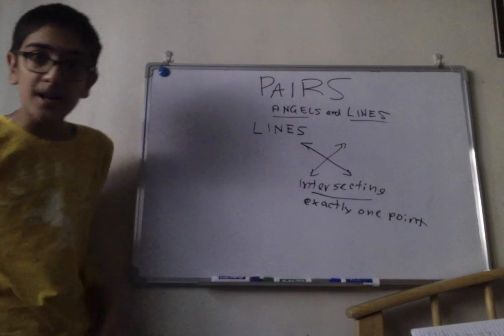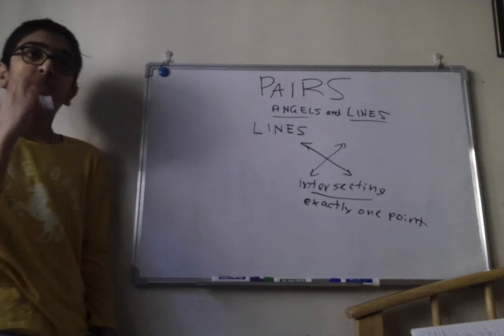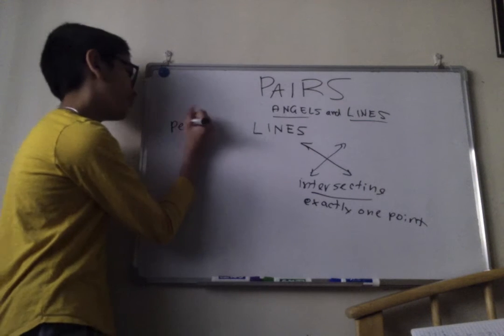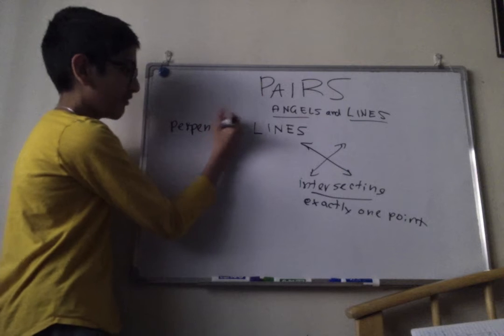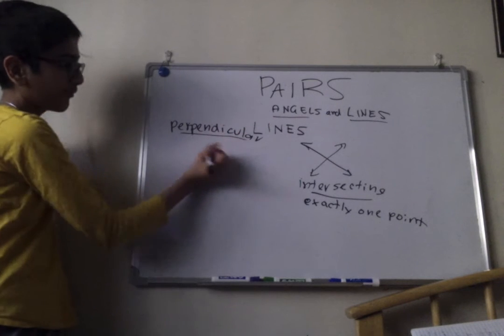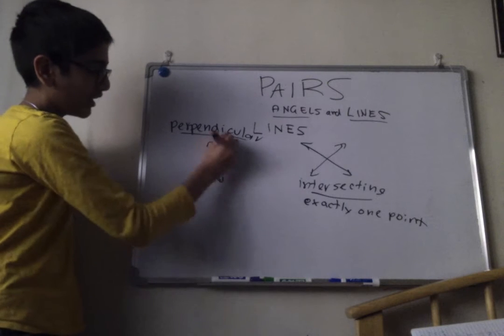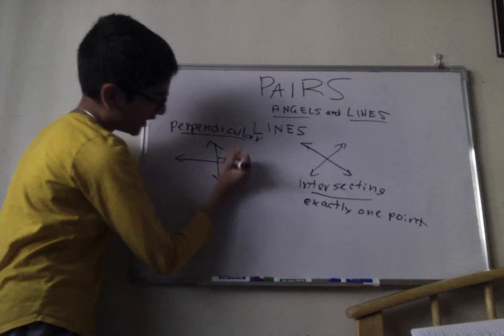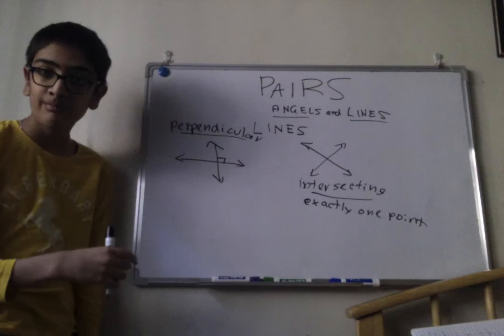There's a special type of intersecting line that will be very common in geometry. It's called a perpendicular line. You might have heard it before. What's a perpendicular line? It's two lines that, when they intersect, form right angles.